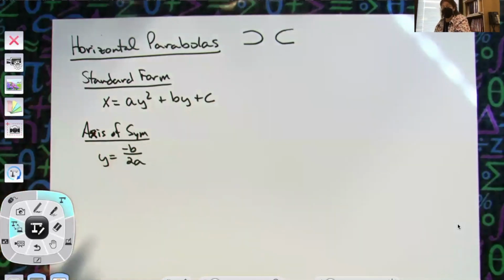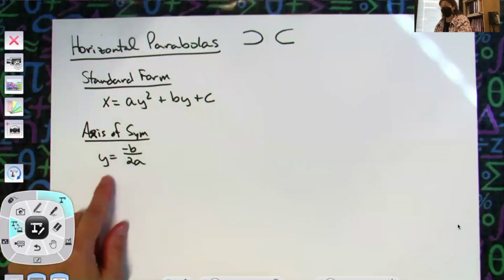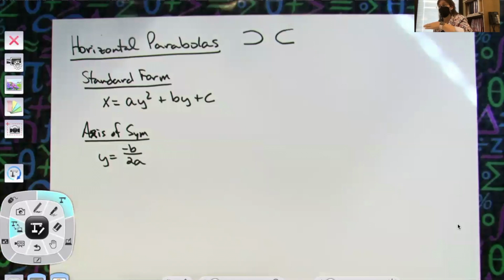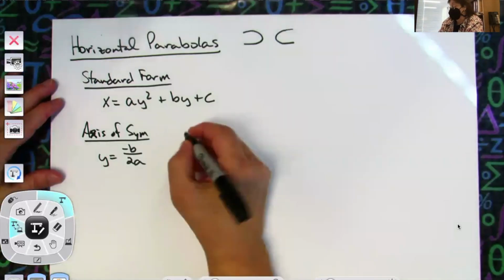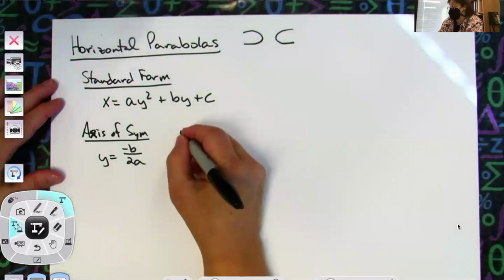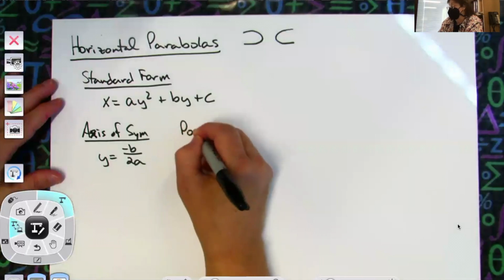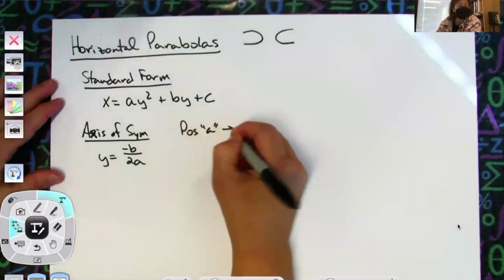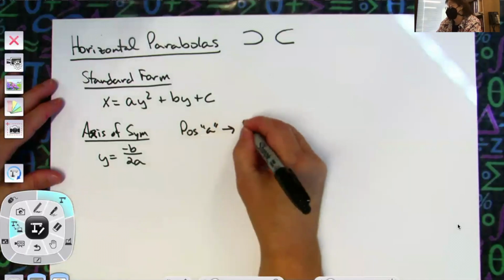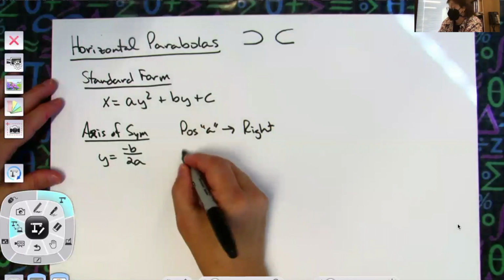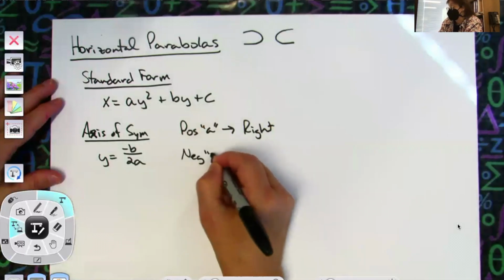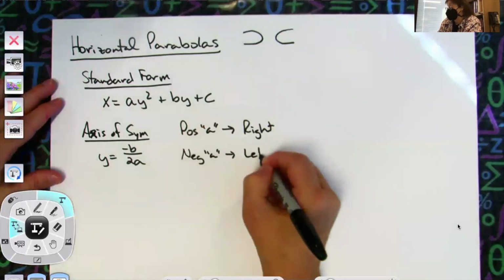You just need to know that if it's a horizontal parabola, my axis of symmetry will be a horizontal line. And if we have a positive A, it's going to open to the right. And if we have a negative A, it's going to open to the left.